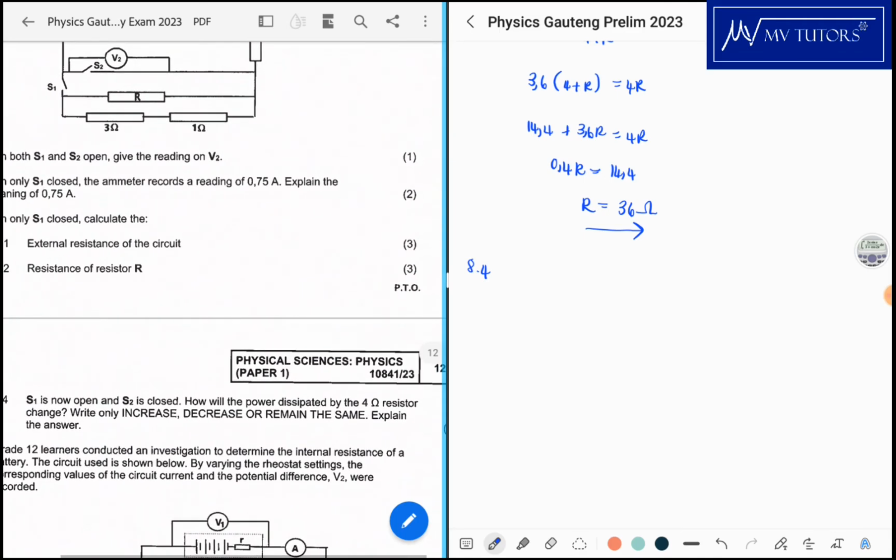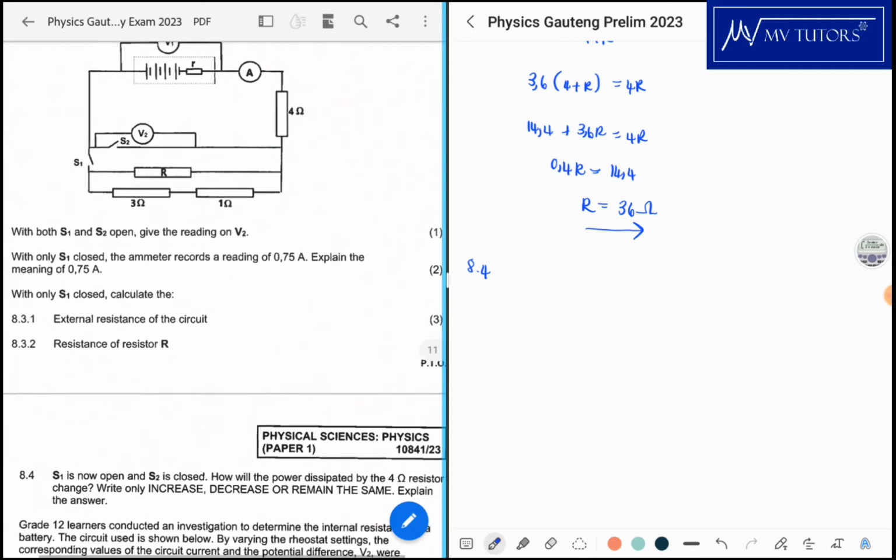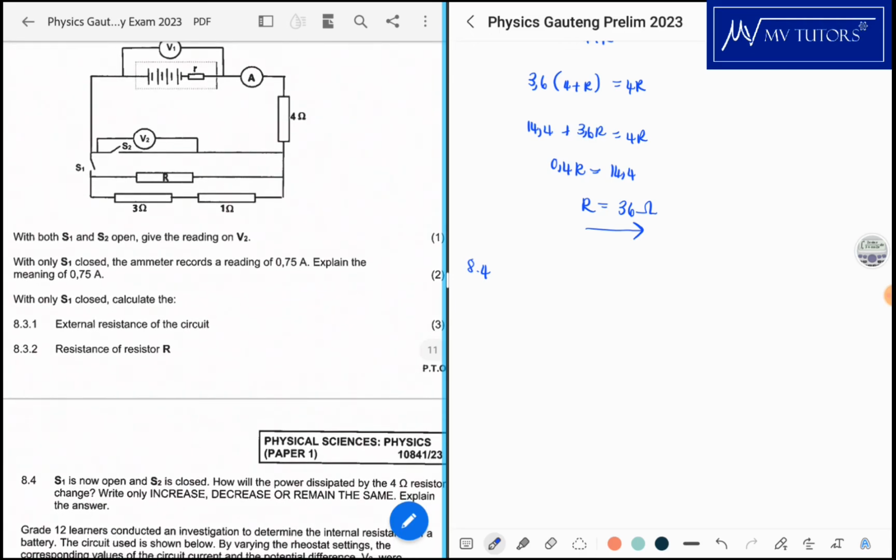Okay, so S1 is now open, S2 is closed. How will the power dissipated by the 4 ohm resistor change? Okay, how will the power change? How was it before? So before, when we had S1 closed and S2 open, remember we had a current of 0,75. And what is power equal to?